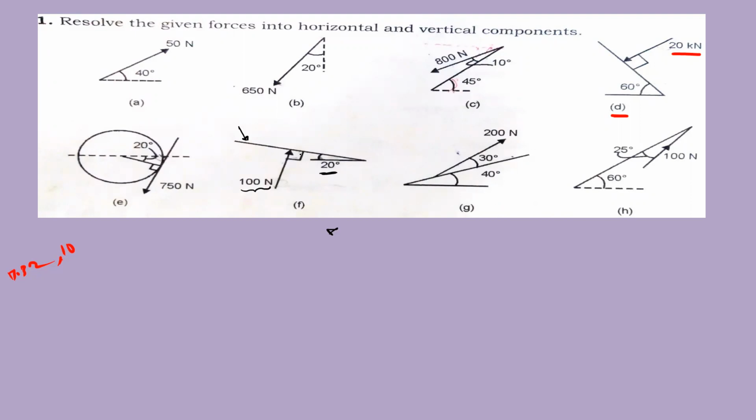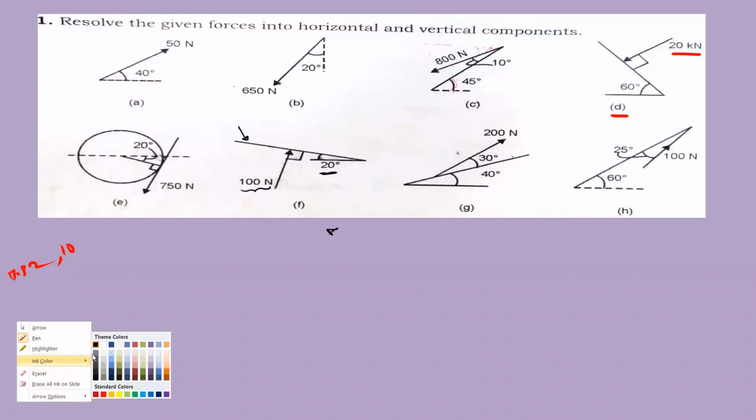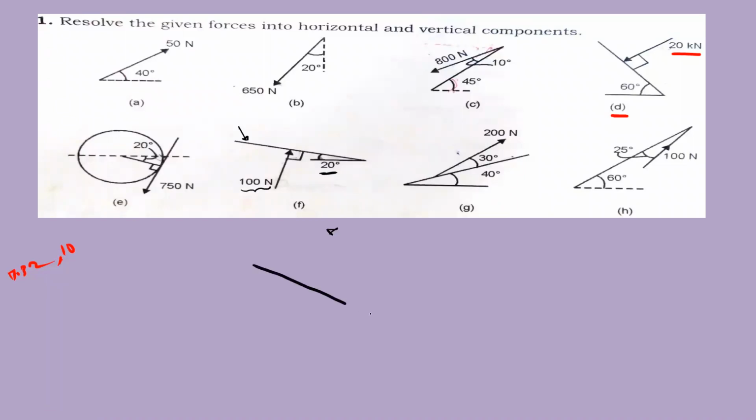The 90 degree angle is given with respect to this inclined line. So the first step is to find the angle with respect to the x-axis and y-axis. For that, I will enlarge that image. This is the horizontal line, and this angle is 20 degrees.